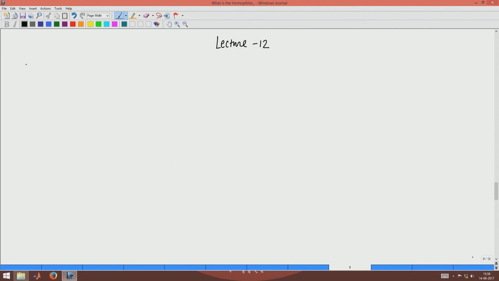Let me first formally introduce what is vertex connectivity.